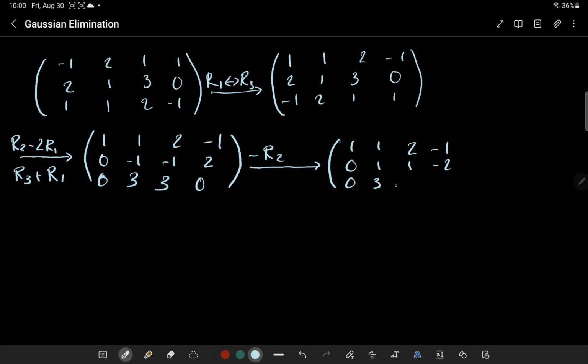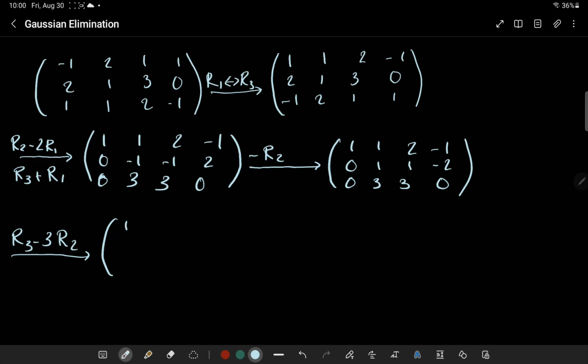So 0, 3, 3, and then 0. And now I know that this is my pivot. It's a 1. I gotta make zeros below it. So I want to do row 3 minus 3 row 2. So that right there will take care of that one.